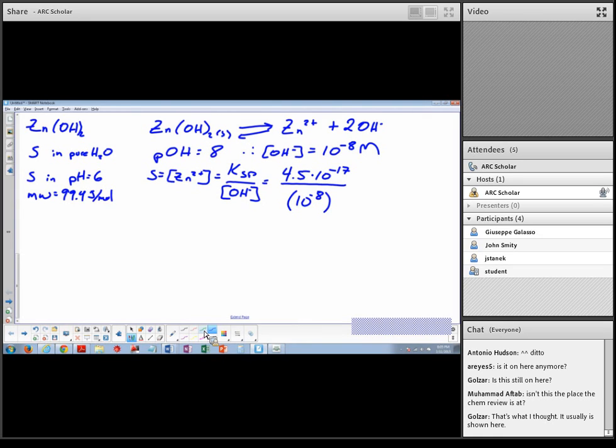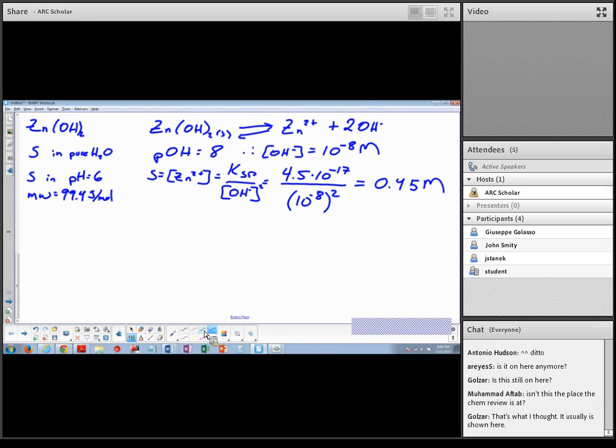But remember from our equation that this is squared. Got that? And so if we do that, we end up with 0.45 molar.